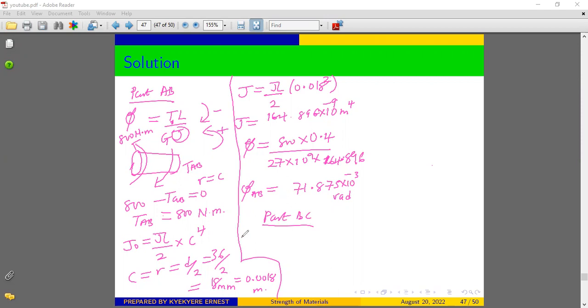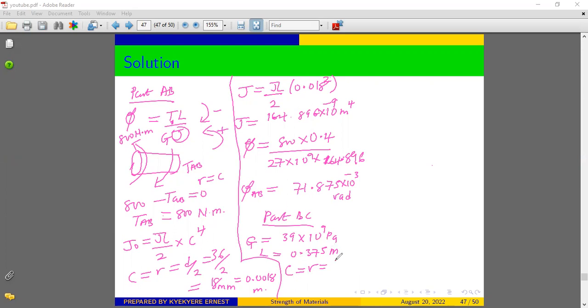Part BC is a different material, and the modulus of rigidity is equal to 39 times 10 to the power 9 Pascal. The length is equal to 0.375, which is 37.5 meters, 175, and the diameter was given as 60.